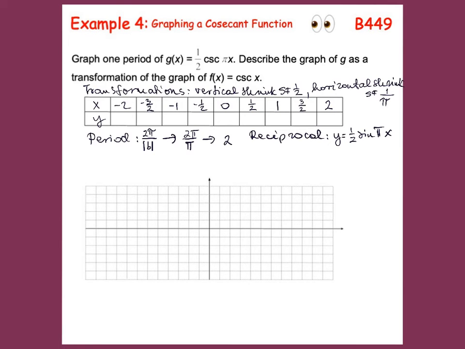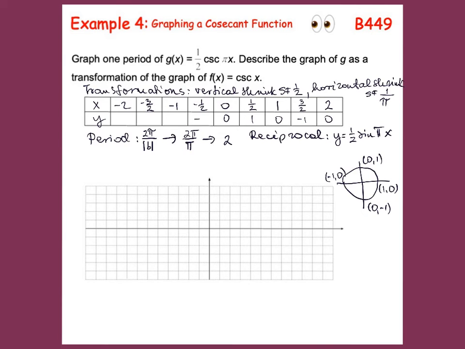And we know that the sine function starts, again, if I make my unit circle, and I put 1, 0, 0, 1, negative 1, 0, and 0, negative 1. The sine values are my y coordinates. So when I make the table of values, I make it for my reciprocal function. So here it's 0, then it's 1, 0, negative 1, 0.